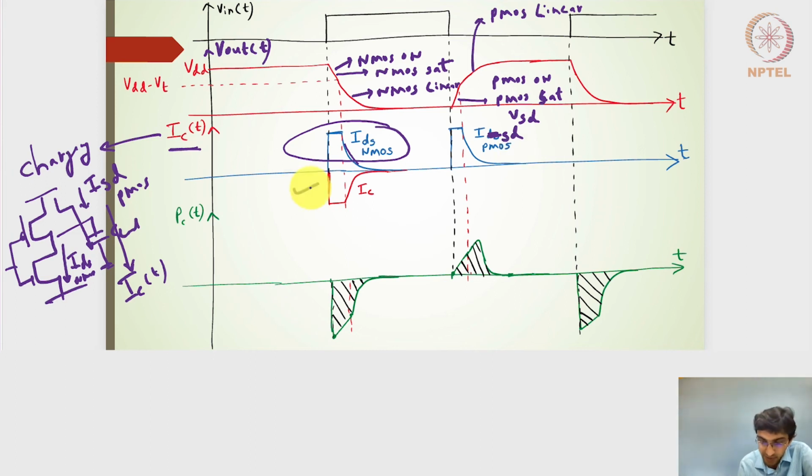So now I have this particular current direction and then this particular current direction. And now I want to have a product of the output voltage, which is nothing but the capacitor voltage, and the capacitor current, so that I'll get the power consumed or stored by the capacitor. If I multiply this profile with this negative profile, I'll get this particular profile.